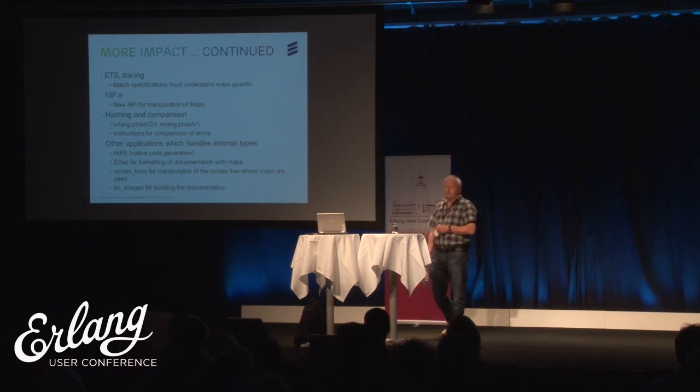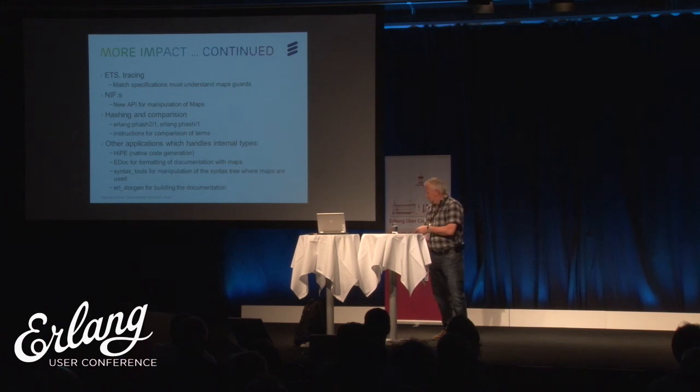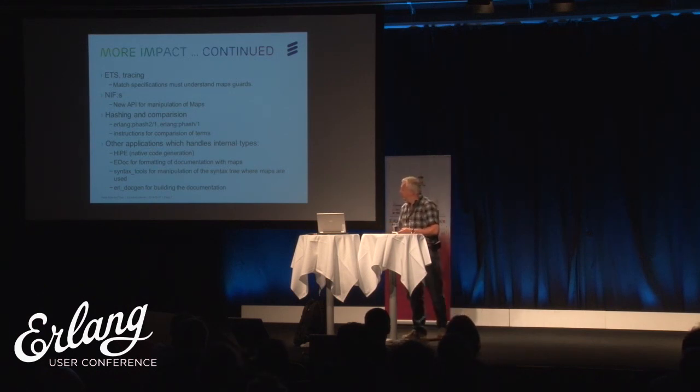Maps must fit into the term ordering in Erlang. And we also have other applications which handle internal types and syntax, like HiPE, the native code generation, edoc, syntax tools, and erl_docgen for building the documentation. And I suppose there are even more things, but this is something to mention.